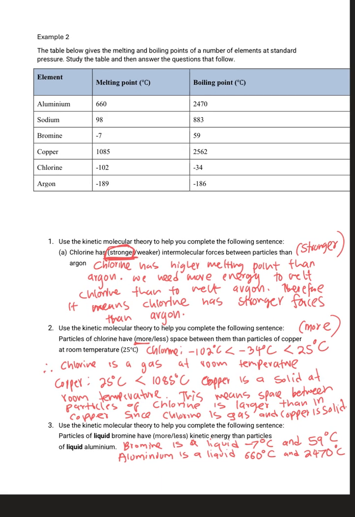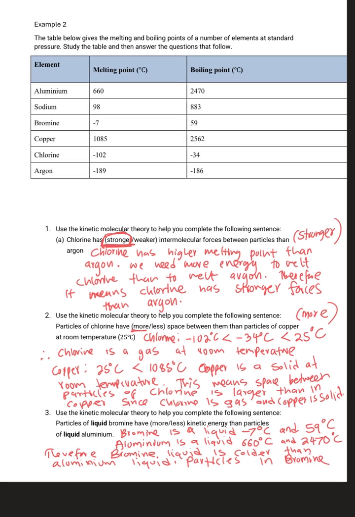So therefore bromine liquid is colder than aluminium liquid. Because bromine liquid is colder than aluminium liquid according to the comparison, it means the particles in bromine are not active.